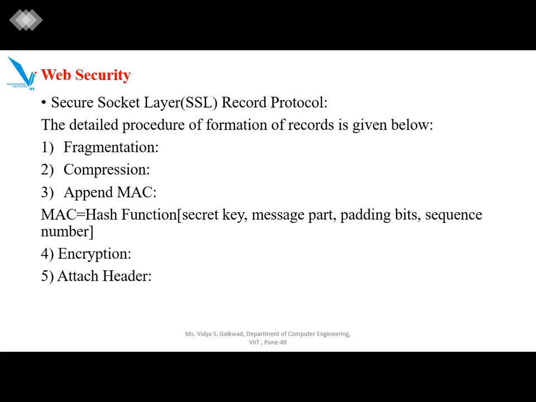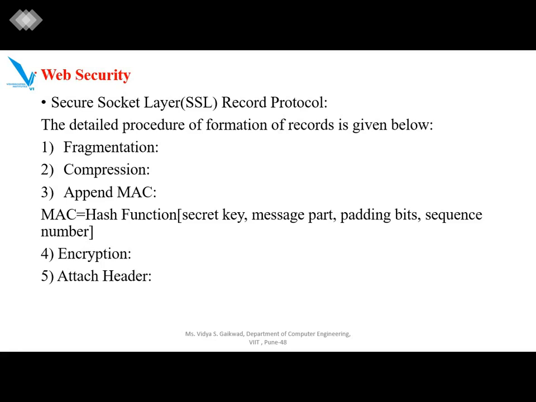The SSL record protocol provides integrity service to the data in SSL. This protocol takes the data from the application layer and divides it into different parts of fixed length. Right? If the size of any individual part is not equal to the expected size, then the required number of padding bits are added at the end of the message.